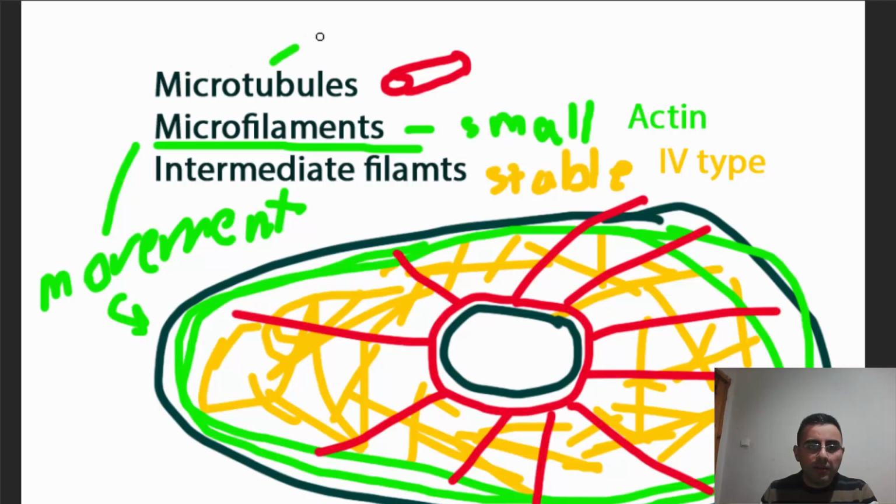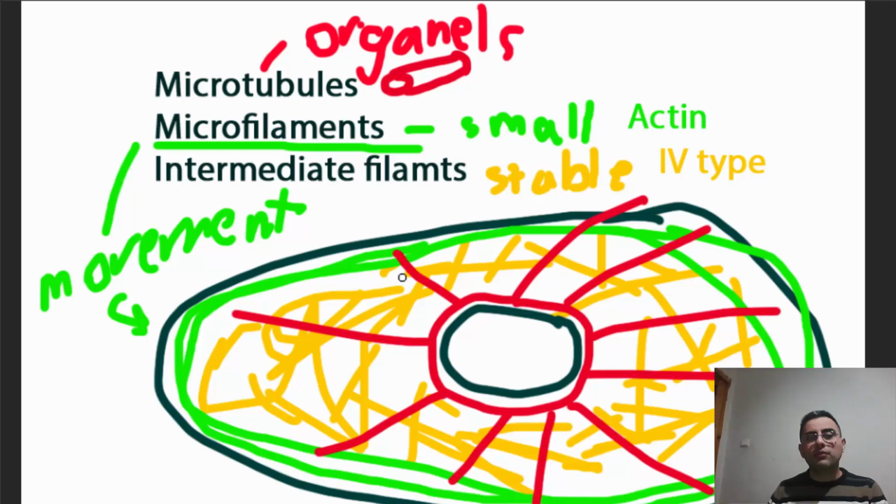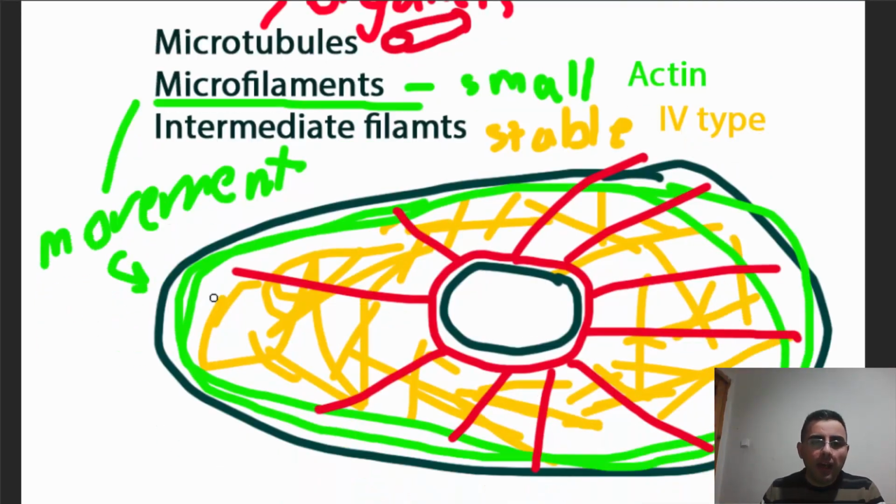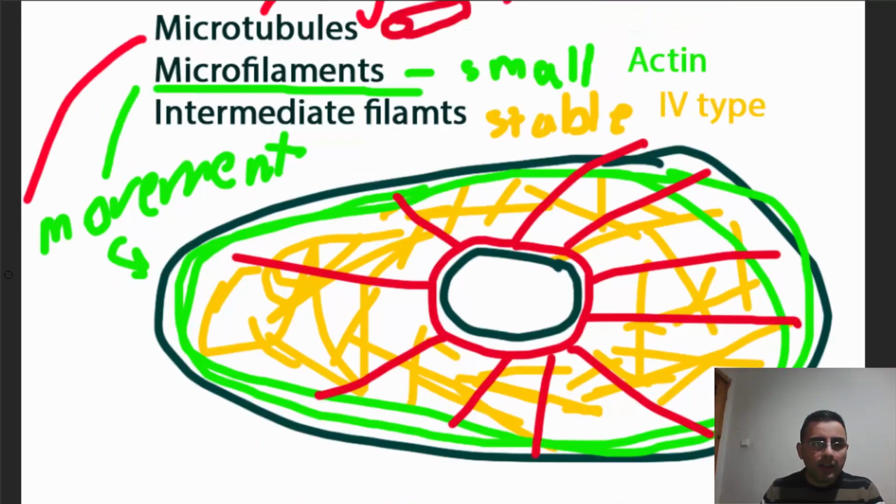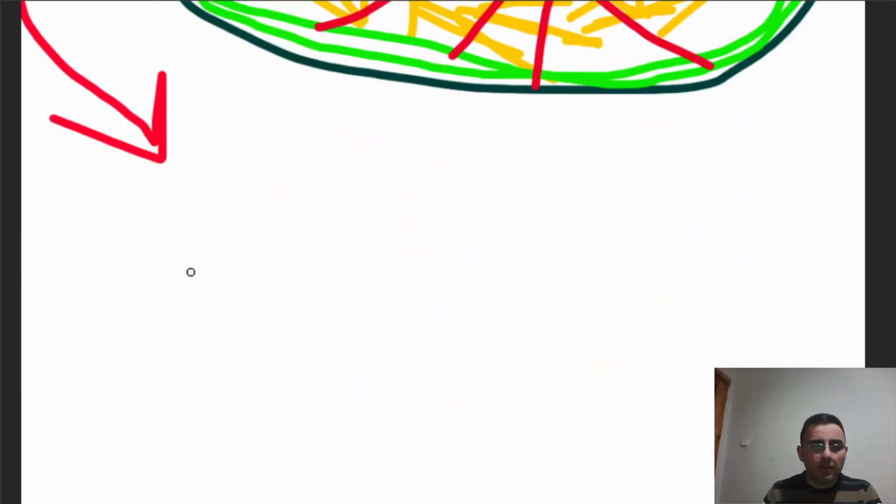Microtubules are responsible for internal organelle movement, and microtubules are responsible for chromosome movement.